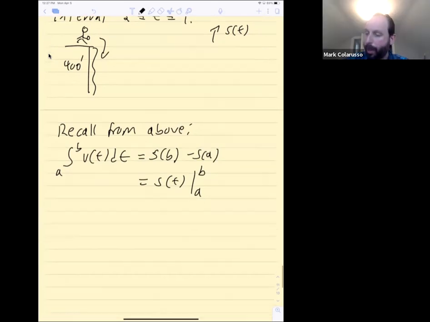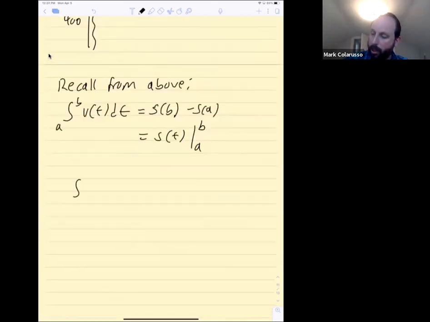This one's not too bad because in our case the lower limit of integration is 2, the top limit is 4, and the velocity is minus 32 dt. And this is an easy antiderivative.